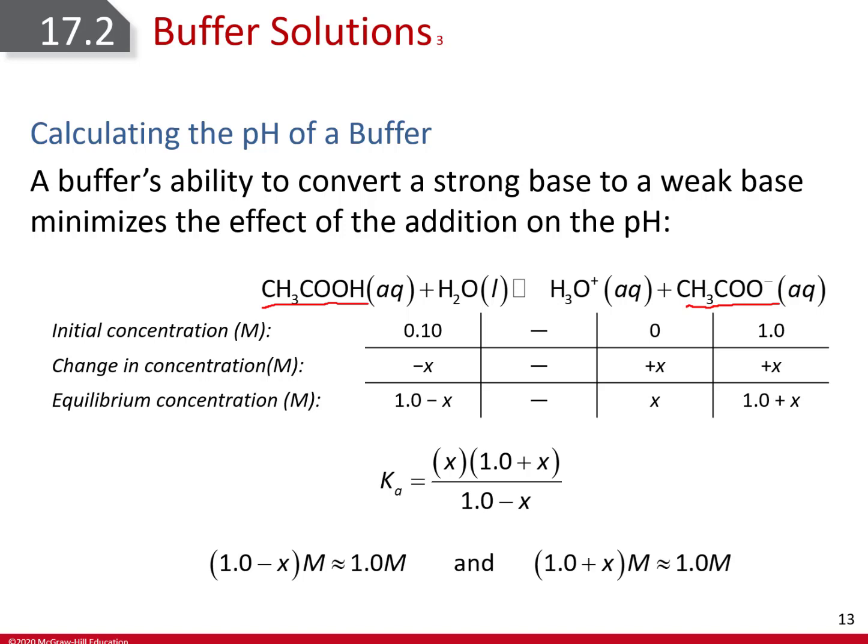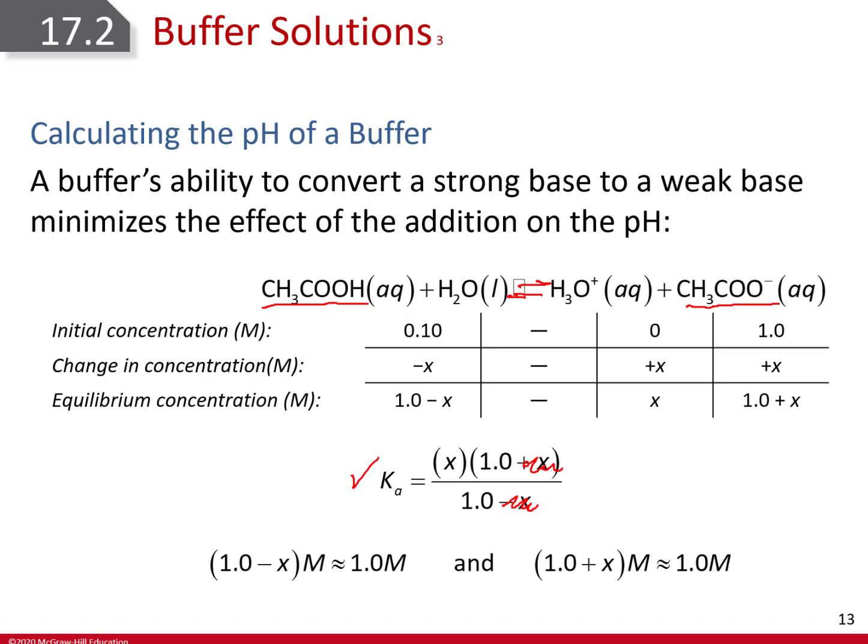So here we have this system. We can calculate the pH of this reaction. And again, if I missed those, just know that there has to be a double arrow there. So here's the expression for this reaction. We're going to assume this x is negligible and this x is negligible.